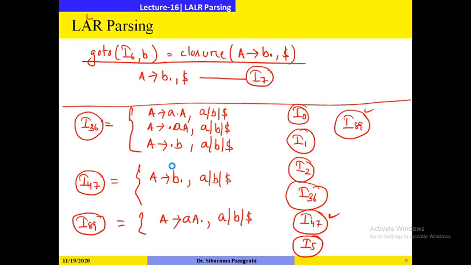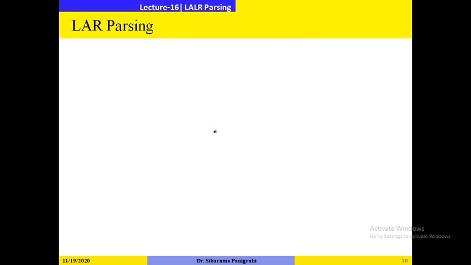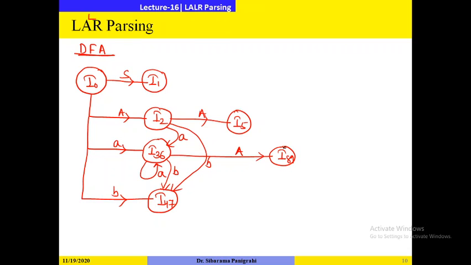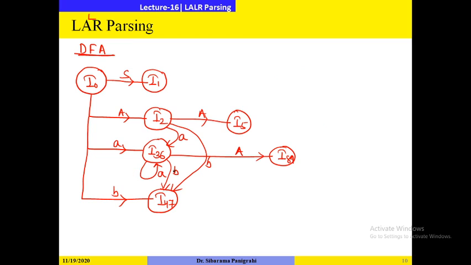Next, I6 by taking capital A as input goes to I9. So I6, meaning I36, goes to I9, meaning I89, by taking A as input. We have already drawn it. Next, I6 by taking small a as input remains in I6, which means I36.